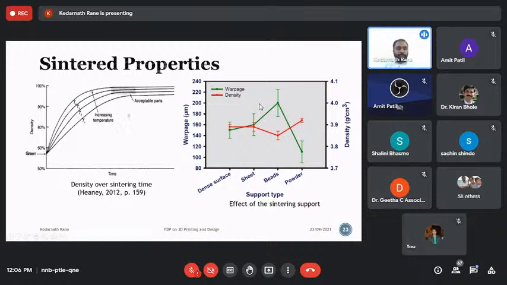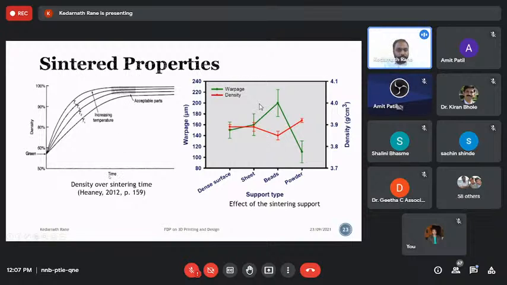For accepted parts, a typical density of 95% and above is a suitable density for any applications where metals and ceramics are considered. So you can see you require almost more than 90 minutes to process parts, or even 2 hours.